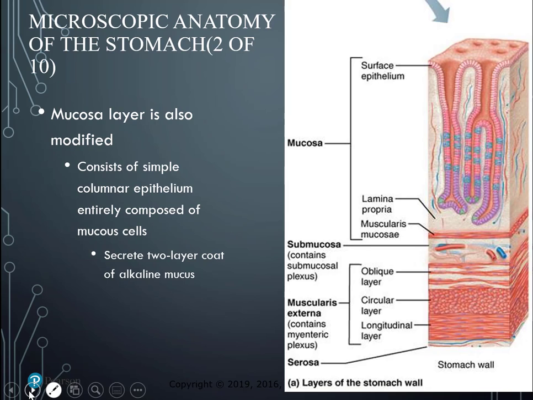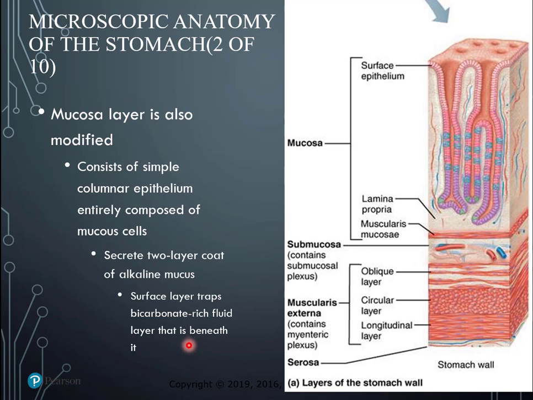They secrete two-layer coats of alkaline mucus. The coat of alkaline mucus would help preserve the stomach lining and put it into safety whenever the stomach is actively producing gastric juice.